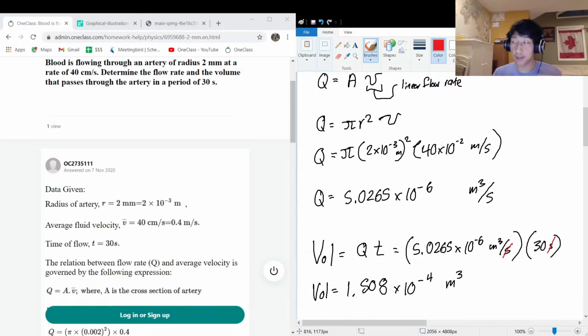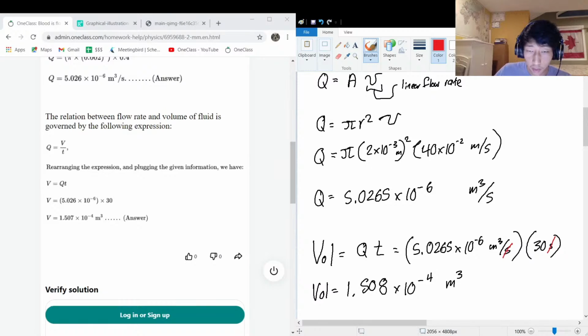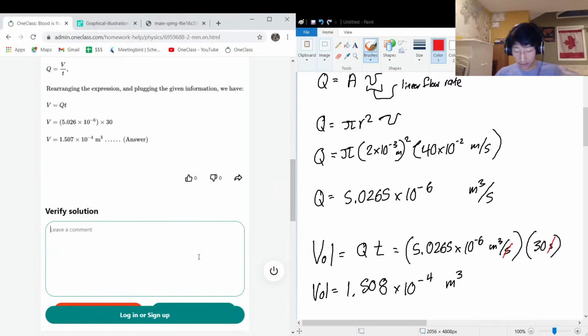That's still a very small amount, but considering how massive a cubic meter is, it makes sense that you'll still have a small number after 30 seconds. Hopefully we got the same calculation here. If it's 1.507, we'd accept that because it's likely just a rounding error with the calculator, but otherwise the above solution is good.